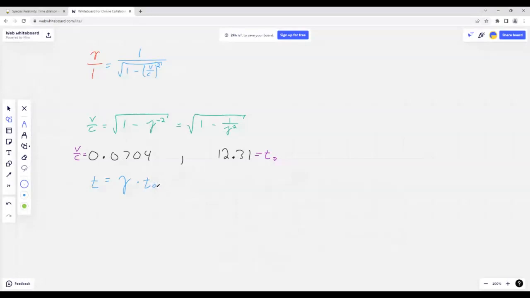So what will happen then is we want to get the T0 by itself, which means that we would divide by gamma. So T0 is equal to either T divided by gamma, or occasionally you'll see it as T multiplied by gamma to the negative first power, where again the negative exponent just means it should have been in the other part of a fraction.